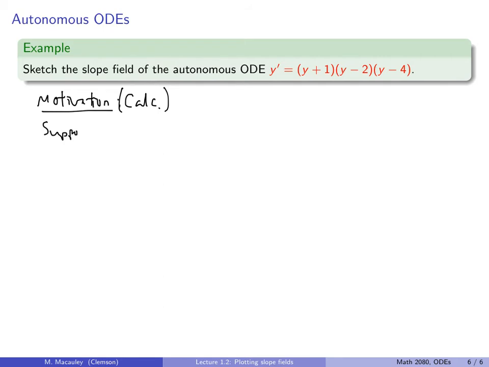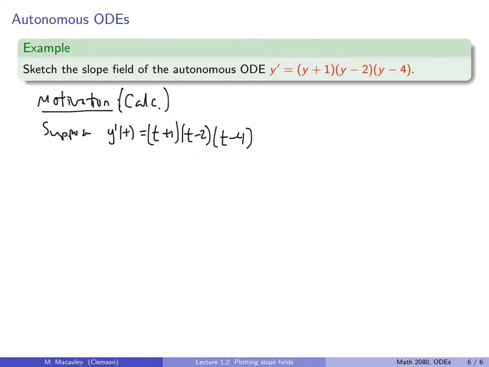Suppose we have not a function, but suppose we have the derivative of a function, y prime of t, and it's t plus 1 times t minus 2 times t minus 4. So notice the similarity between this equation and that equation. So in the first month of calculus, you learn all about derivatives, and then the question is, what is this useful for? And then we say, suppose we have a function like this, y prime of t is this expression. Now at this point, we have not learned how to solve this. I mean, you know how to do it in integral calculus, but suppose you don't know that.